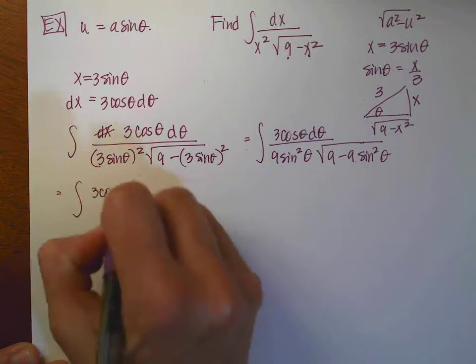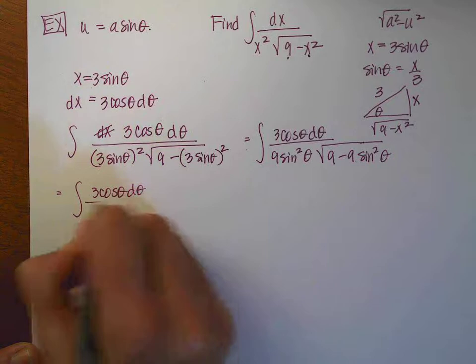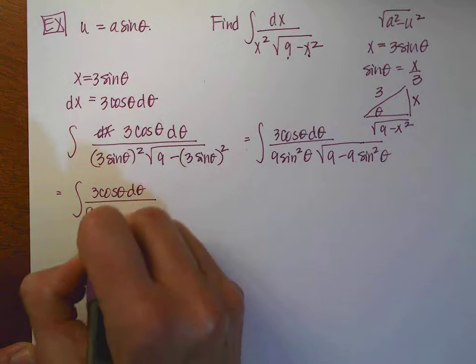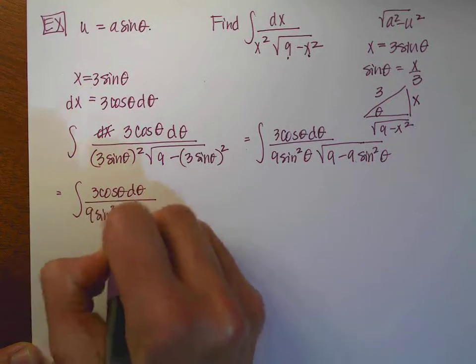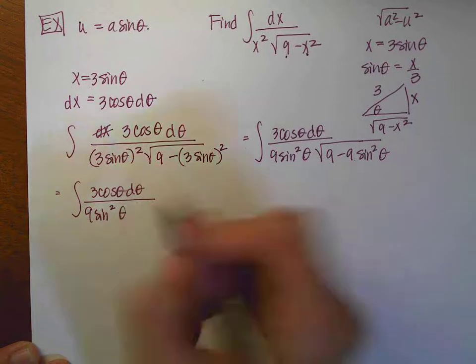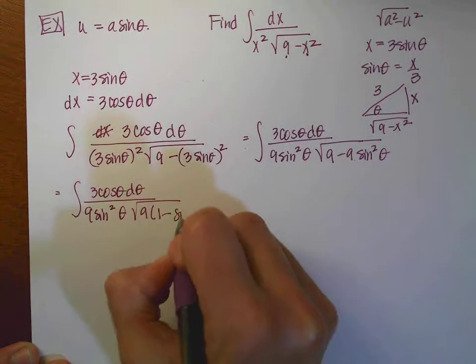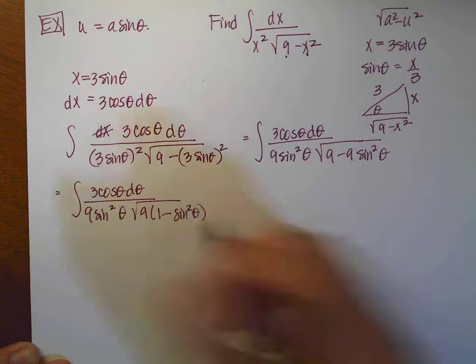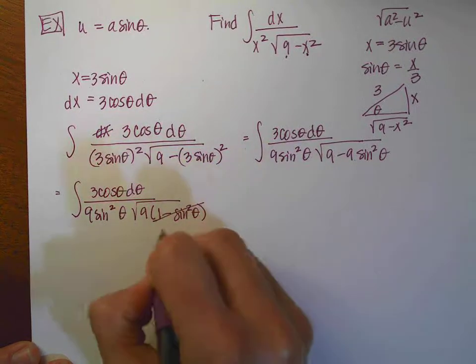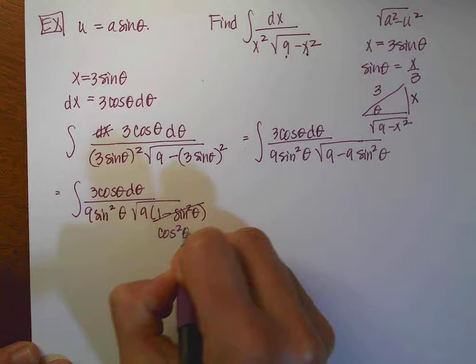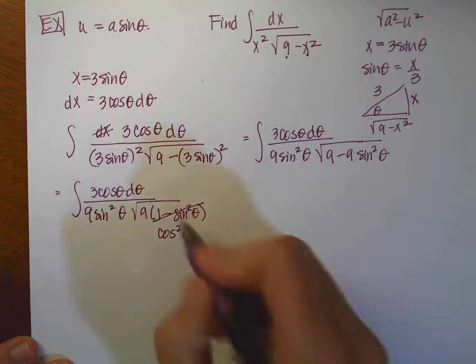So now I have the integral of 3 cosine theta d theta over 9 sine squared theta, and then the square root becomes 9 times 1 minus sine squared theta. Well, 1 minus sine squared theta is cosine squared theta.